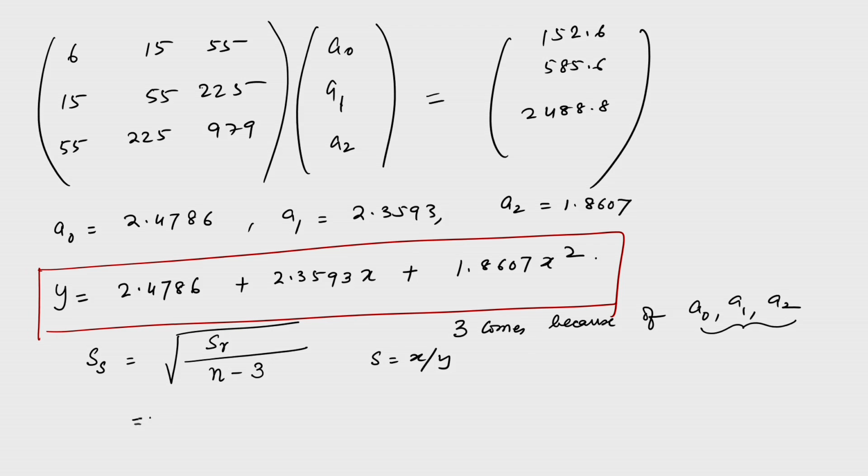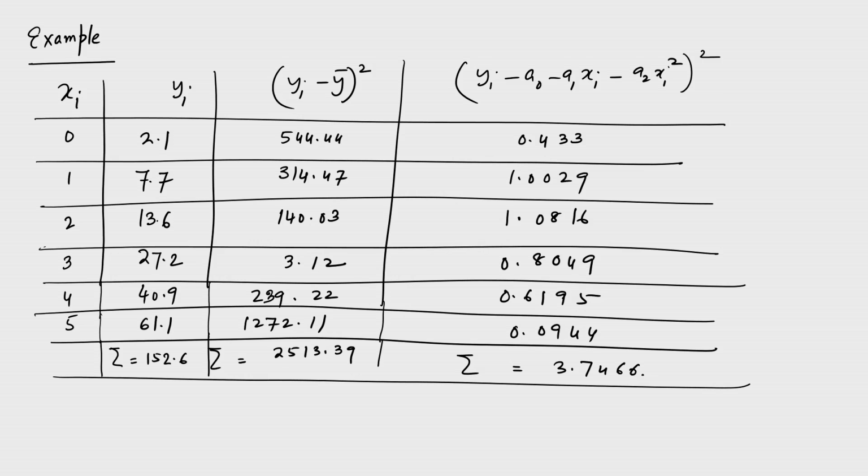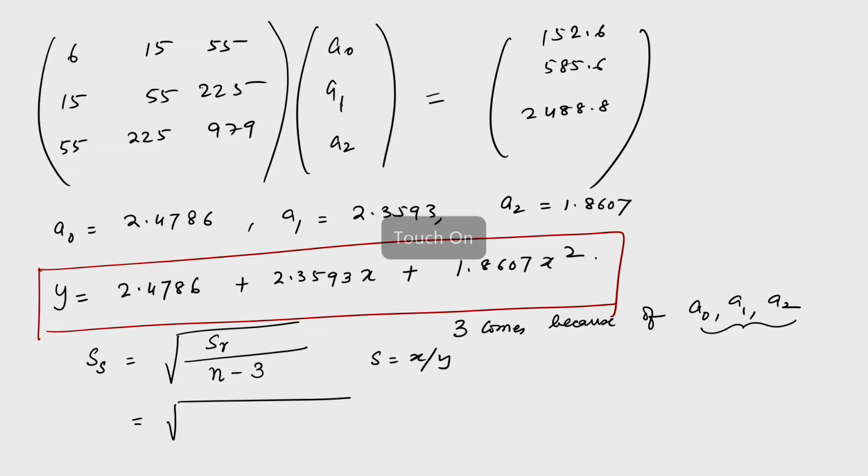So, here if we calculate this SR, which we have already calculated here, that is 3.7466, which is the sum of the residual squares, so if I put it here, 3.7466 and then n is equal to 6, because it goes from 0 to 5, and then if you do this calculation, it comes out as 1.12.